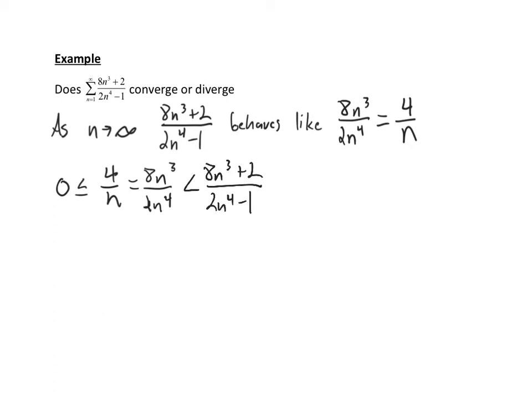So the smaller thing, 4 over n, because that's a p series where p equals 1, diverges.